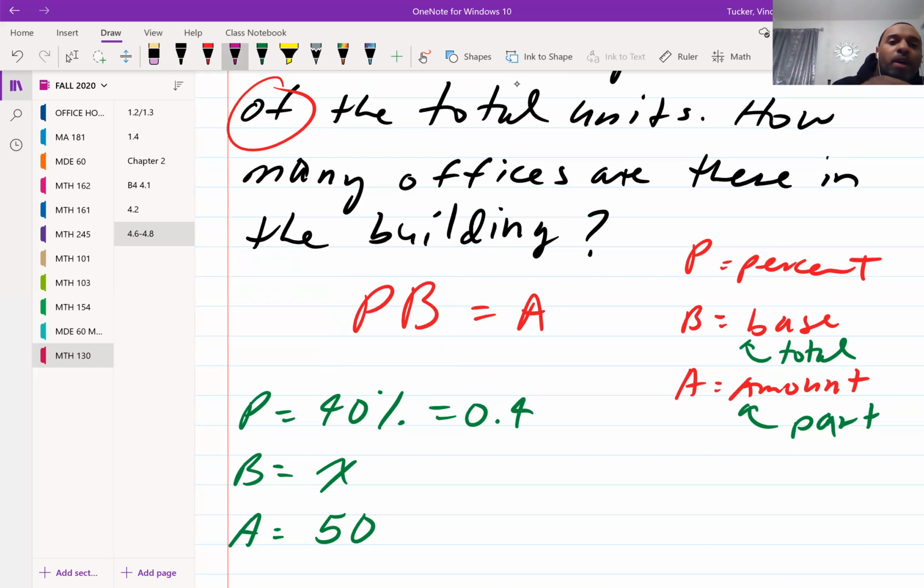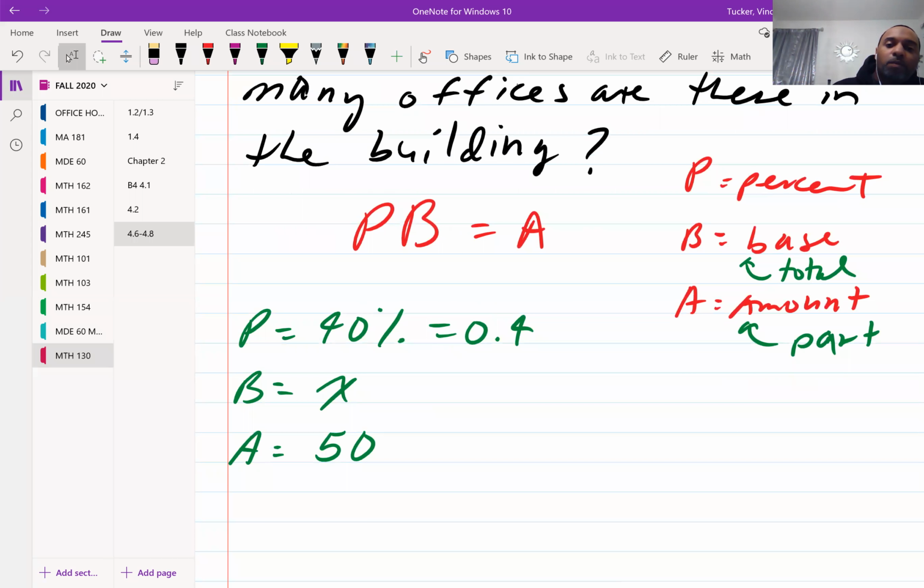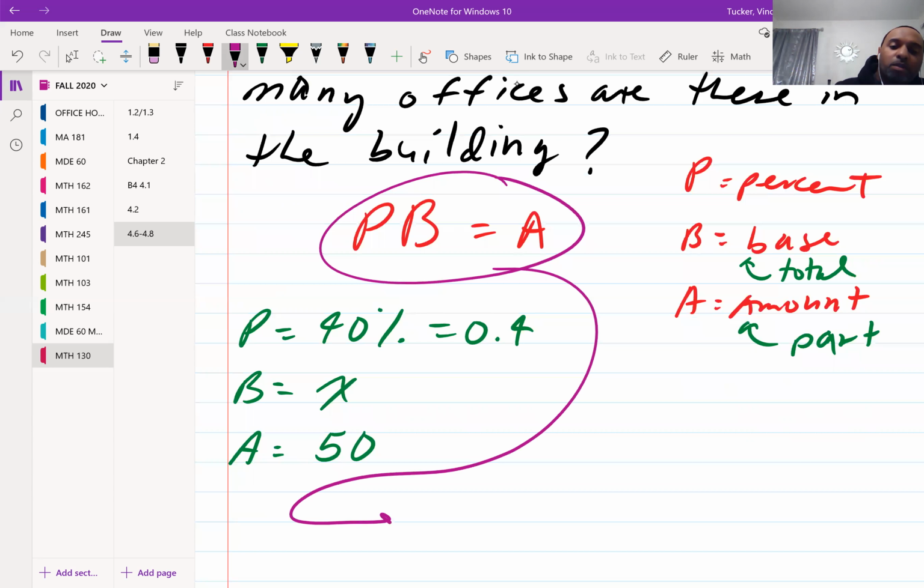All right, so before I fill it in here, questions on how we establish what our percent, base, and amount is? Everybody good? So that's 0.4 times x is equal to 50.